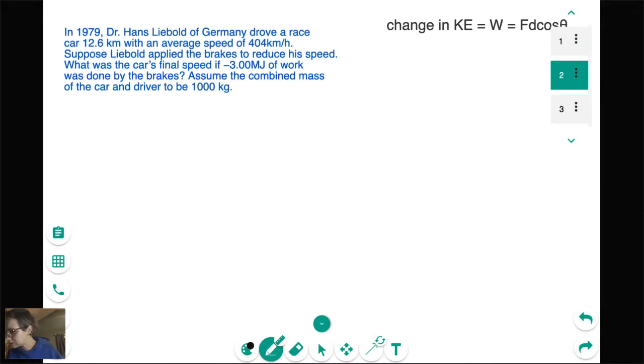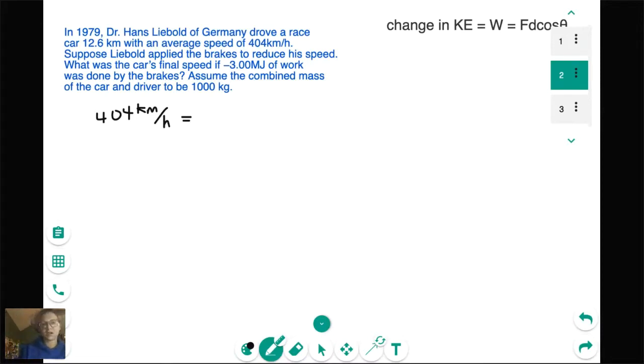So where did I do that? Sorry about that. Here it is. So 404 kilometers per hour. And I'm not going to show out the conversion on this. There is an earlier stream in the 5able AP Physics section that does go over dimensional analysis and all that fun stuff.